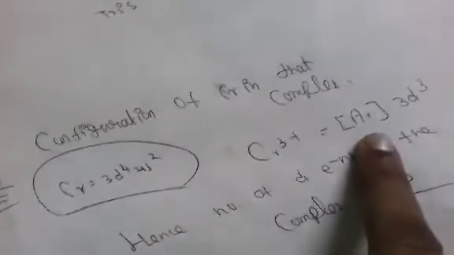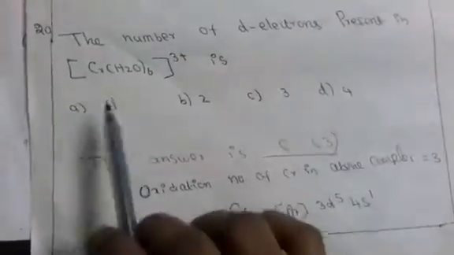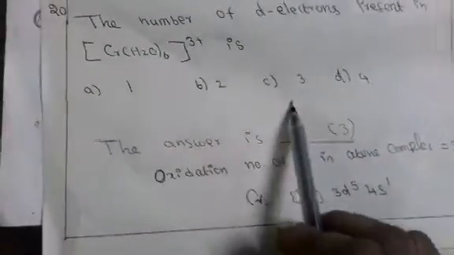Here the complex Cr3+ has lost 3 electrons, so the electronic configuration of Cr3+ is argon 3d3. It contains 3 d electrons. So the number of d electrons present in the chromium complex is 3.